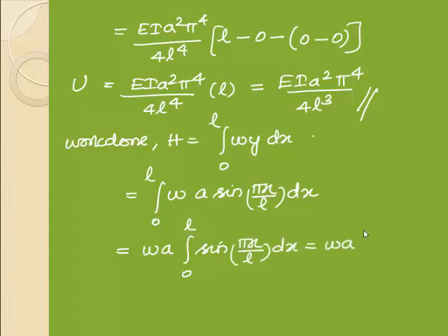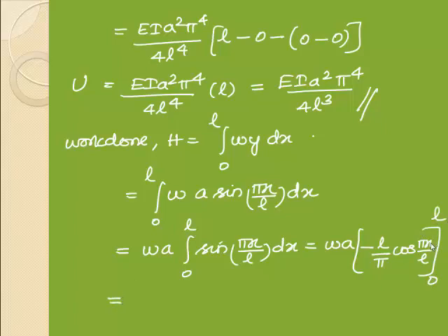So W a into the integration formula for sin, minus cos pi x by L divided by pi by L, which can be written as minus L by pi cos pi x by L, limit 0 to L.